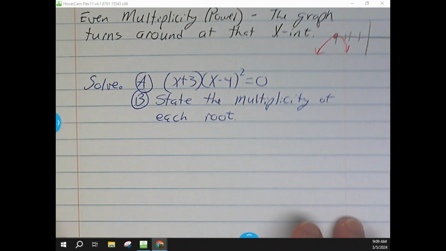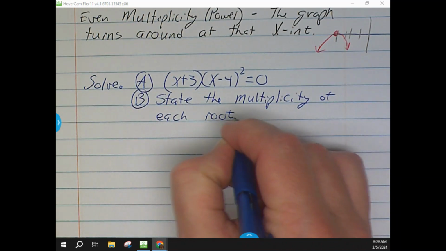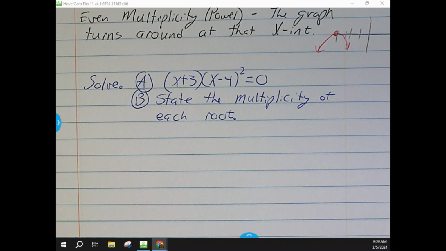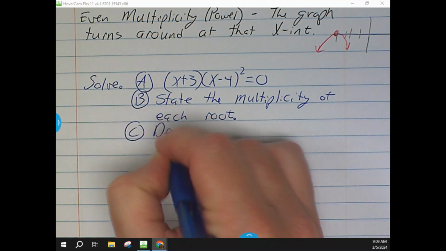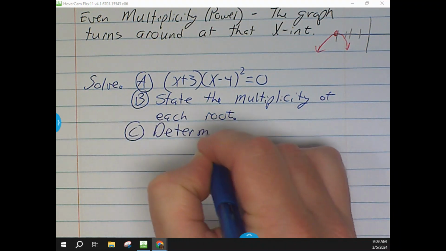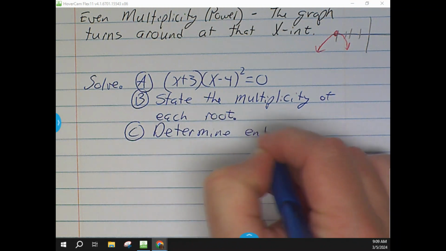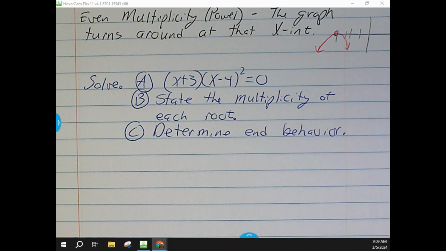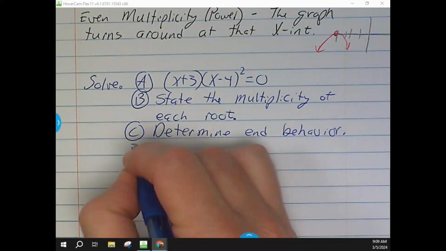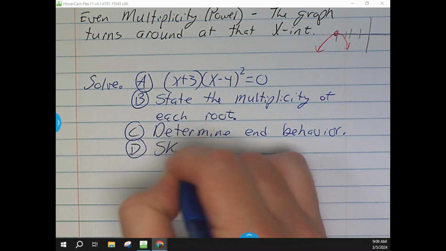Again, you can basically interchange about 6 different names with that one. It's the root, it's the solution, it's the x-intercept, it's the answer, however you want to say it. We're also going to determine the end behavior. And then the last thing we're going to do is sketch the graph.